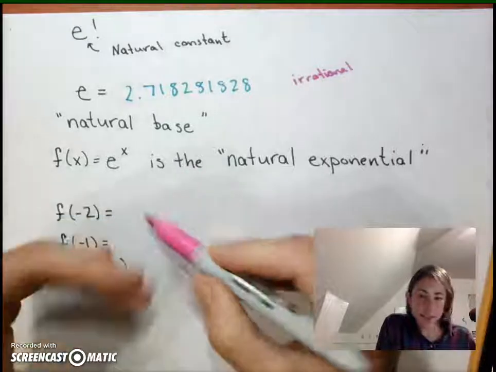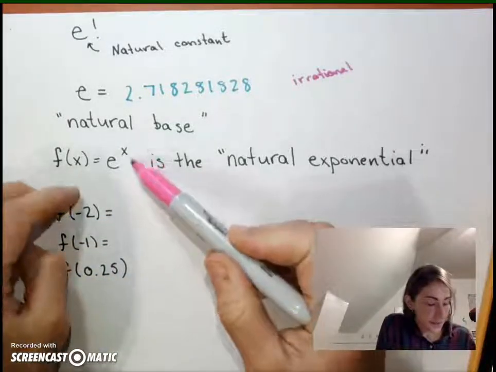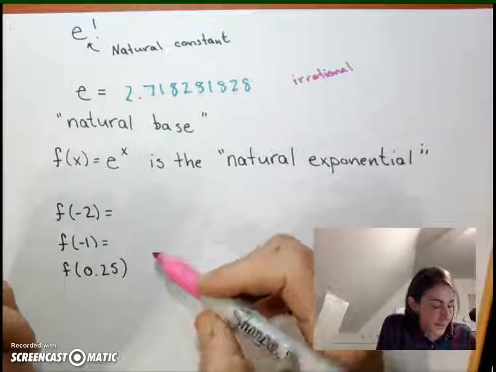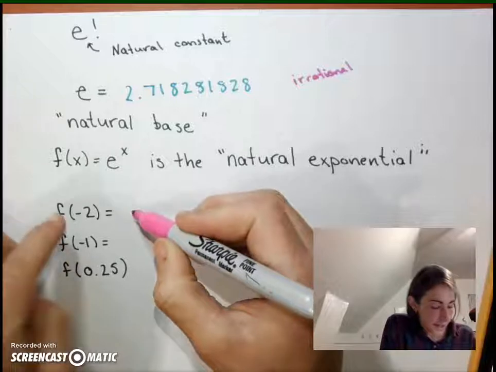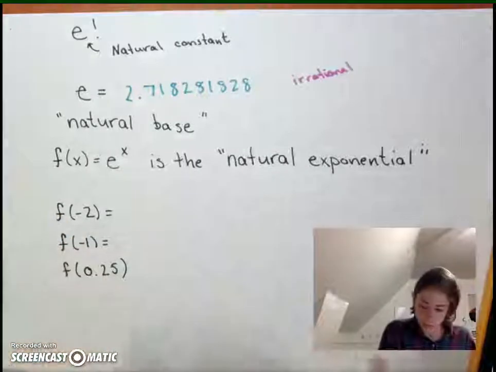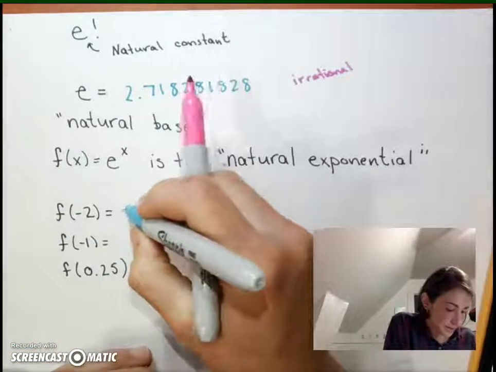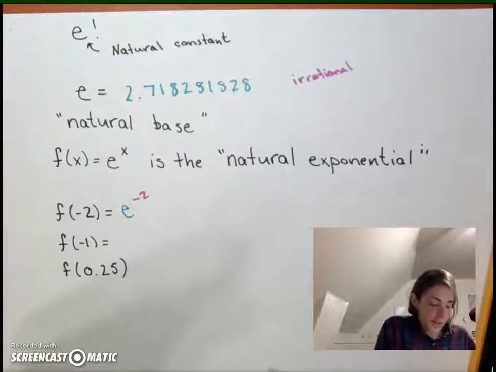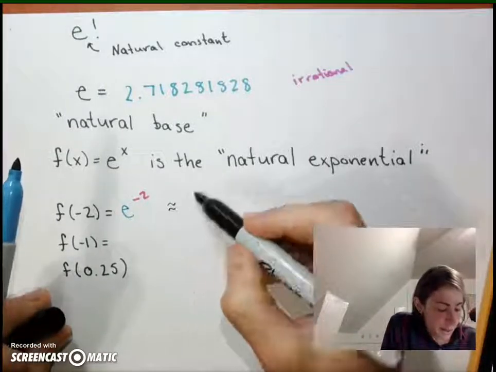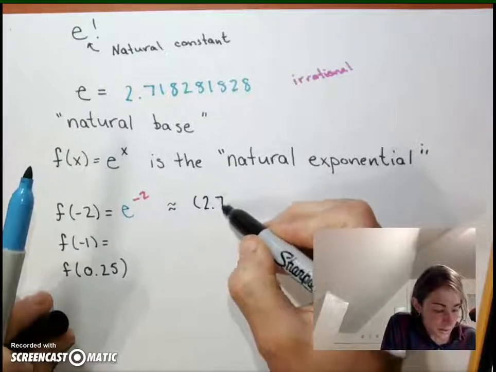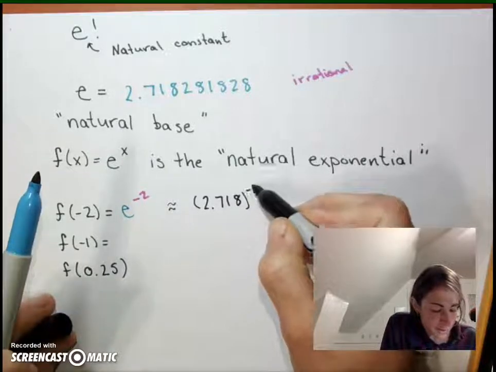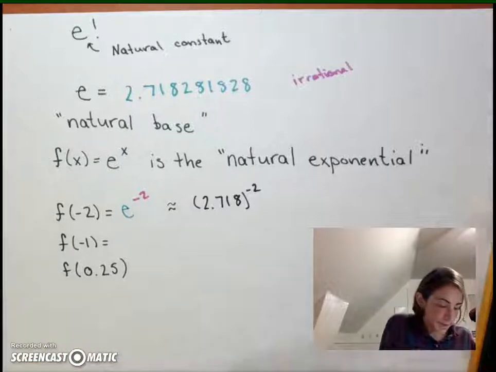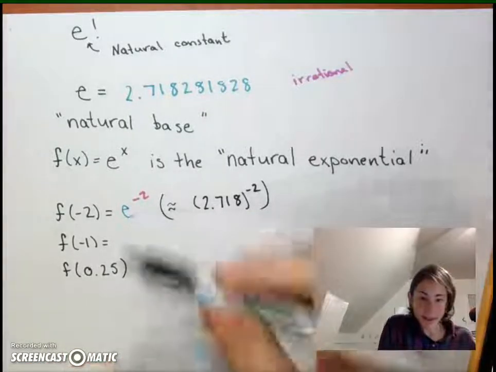But let's just evaluate the function e to the x at some specific values. So for example, f of minus 2 is going to be e raised to the minus 2. So you could think about this as approximately the same thing as 2.718 raised to the minus 2. But our calculator can be more precise, so we will actually plug in e as our base.